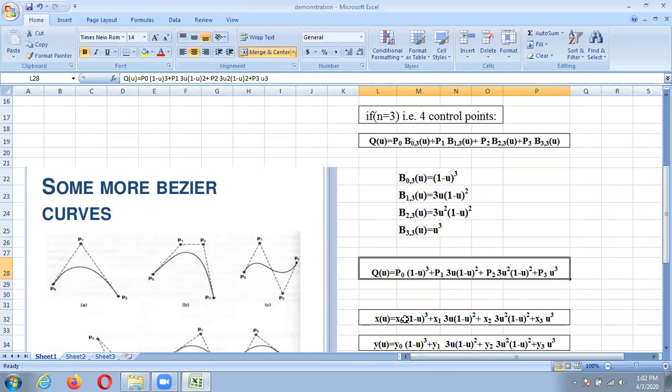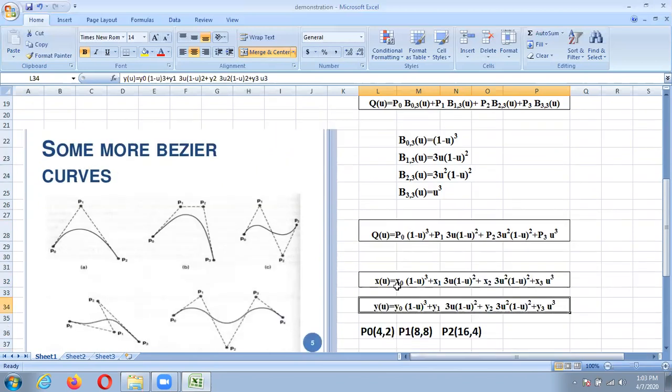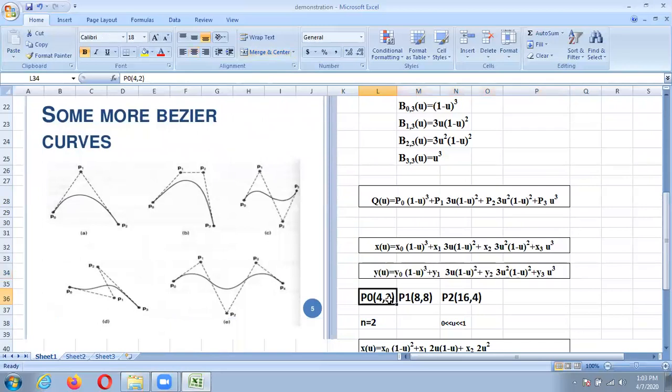So this equation is elaborated in terms of x and y. x of u equals, just replace p0, p1, p2 and p3 by x0, x1, x2 and x3 respectively, same way for y also, and we are getting these two equations.